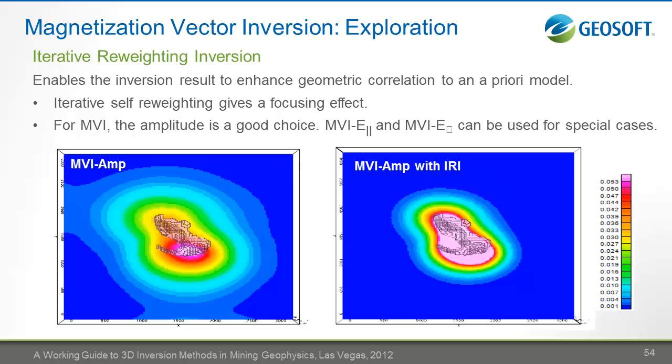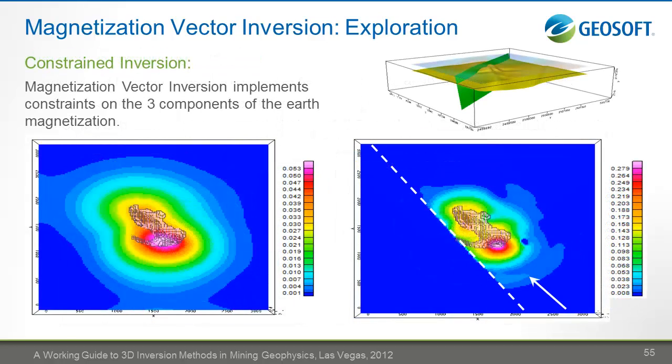Now, in this image, I'm showing on the left here the unconstrained inversion again, and on the right I've implemented this fault constraint in green. I've said the ore zone cannot be on the left side of the fault. It's also excluded from the sediments, so it has to be a bedrock target.